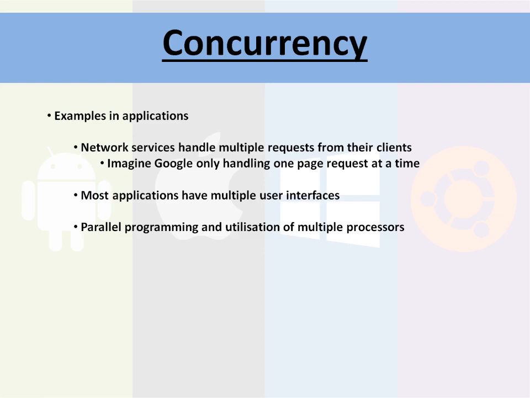Obviously this is all happening at the same time. Even the application itself, like Google Chrome or Firefox, these applications have multiple user interfaces, where these are essentially multiple programs all running at the same time. And then thirdly, parallel programming is also an example of concurrency because it's the utilization of multiple processes at the same time.